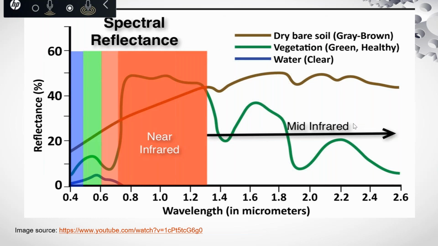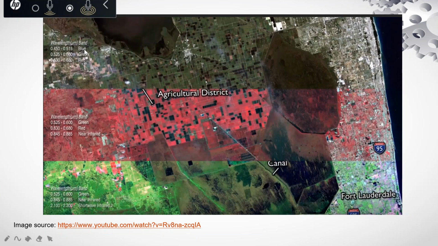So this is an image by the Landsat satellite. Here we can see the same regions but in different bands of the spectrum. Here the bands are blue, green and red. Here you can see green, red and near infrared.